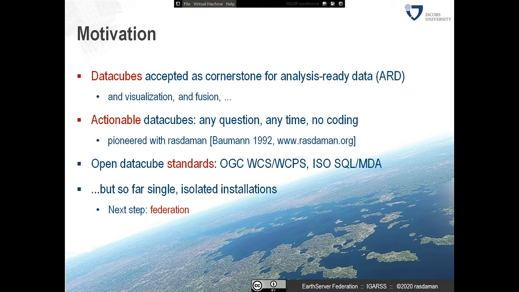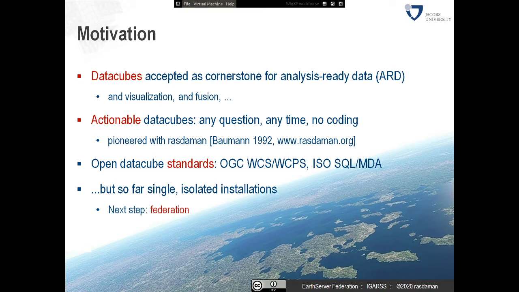It knows about space-time semantics. In contrast, we have SQL MDA for multidimensional arrays, which is the rasdaman query language. It is domain agnostic, so it can just as well handle multidimensional brain images, for example, or cosmological simulations for that matter.